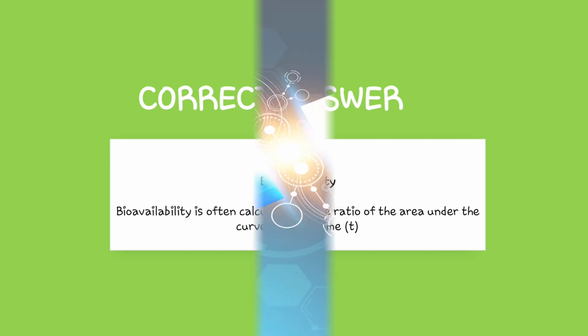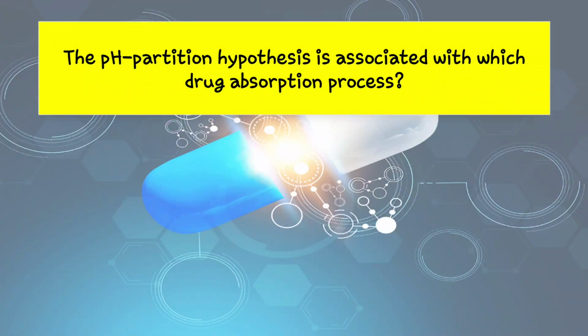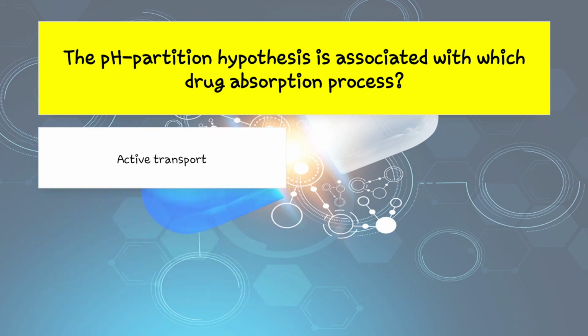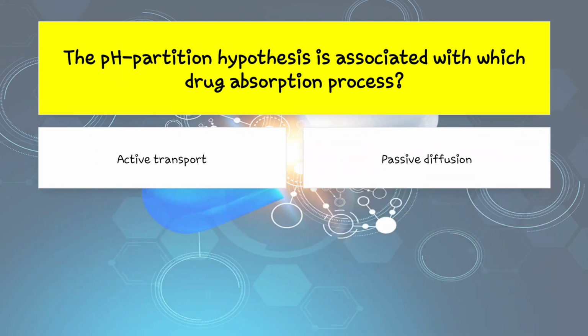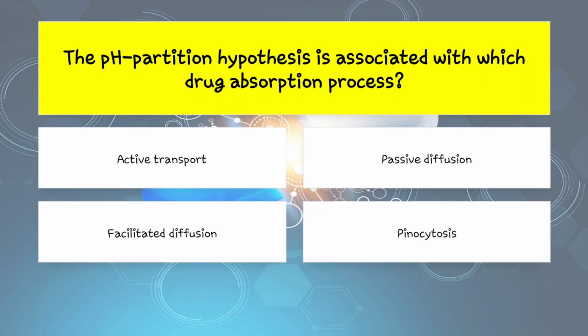Moving to next question. The question is, the pH partition hypothesis is associated with which drug absorption process? And the options for these questions are A. Active transport, B. Passive diffusion, C. Facilitated diffusion, or D. Pinocytosis.